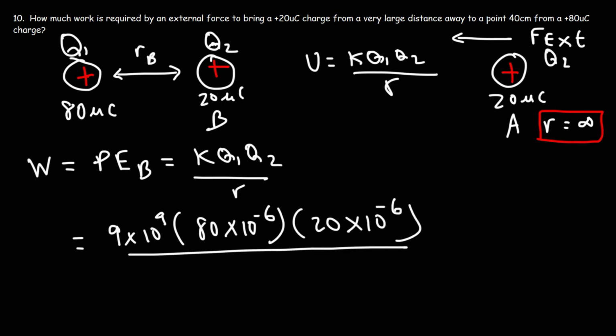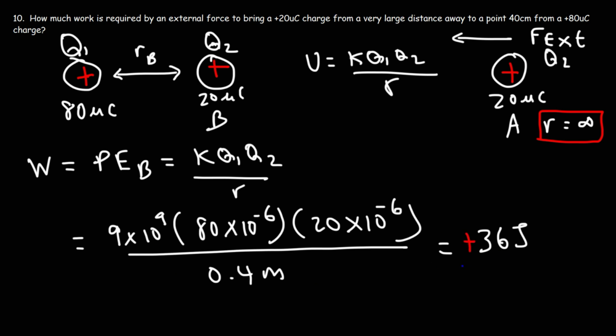And the distance between them is going to be 40 centimeters at point B, or 0.4 meters. So the answer is 36 joules, and it's positive.